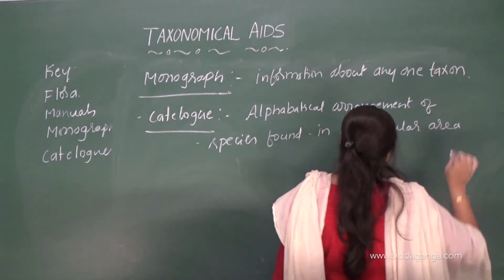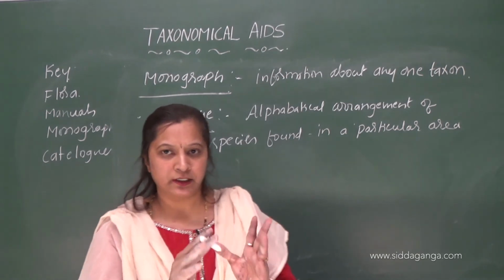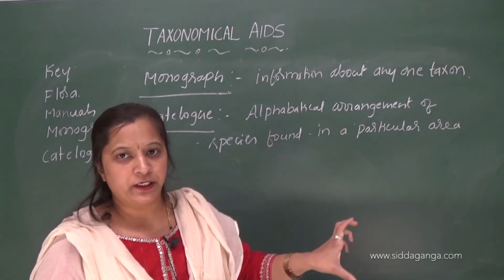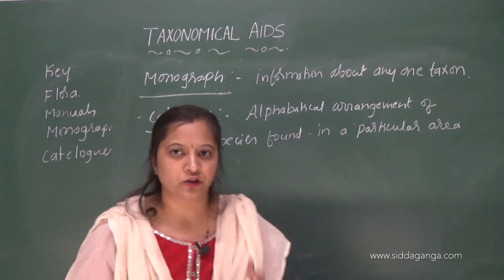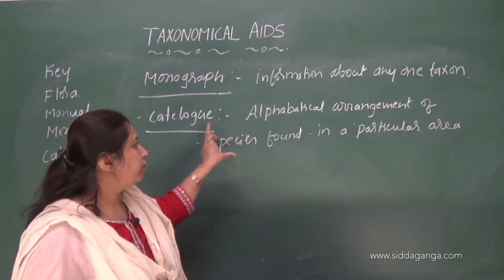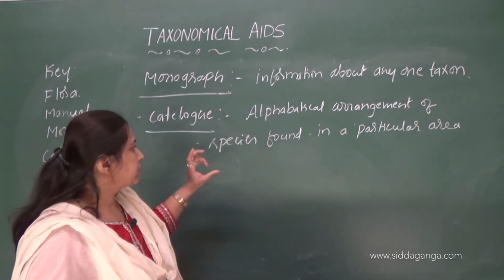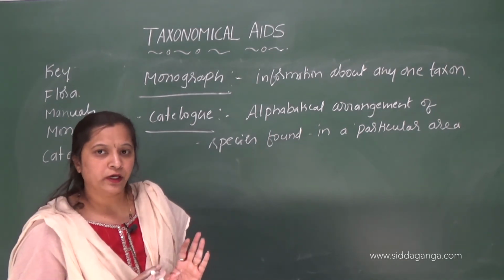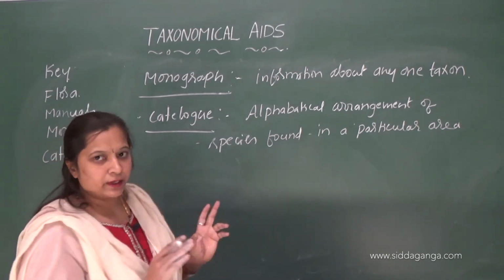What are all the total species which are present in a particular area? All those species are arranged in alphabetical order. So that is what a catalog is: a list of the alphabetical arrangement of the species found in a particular area. Okay. So all these are the taxonomical aids.